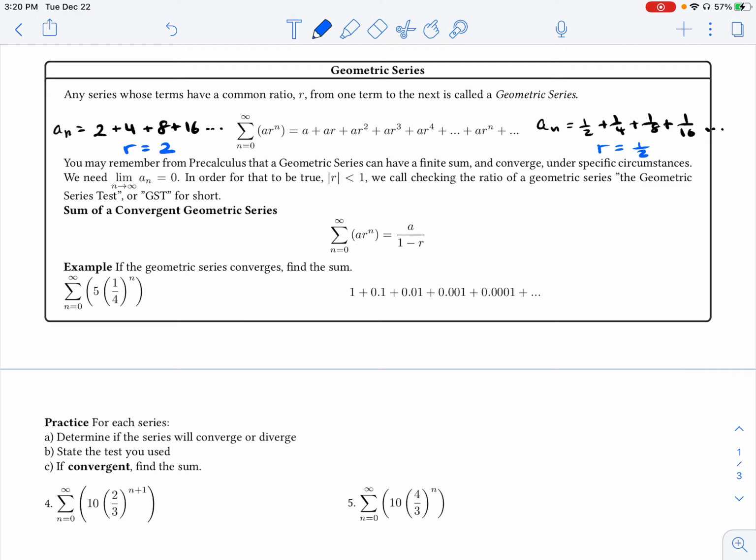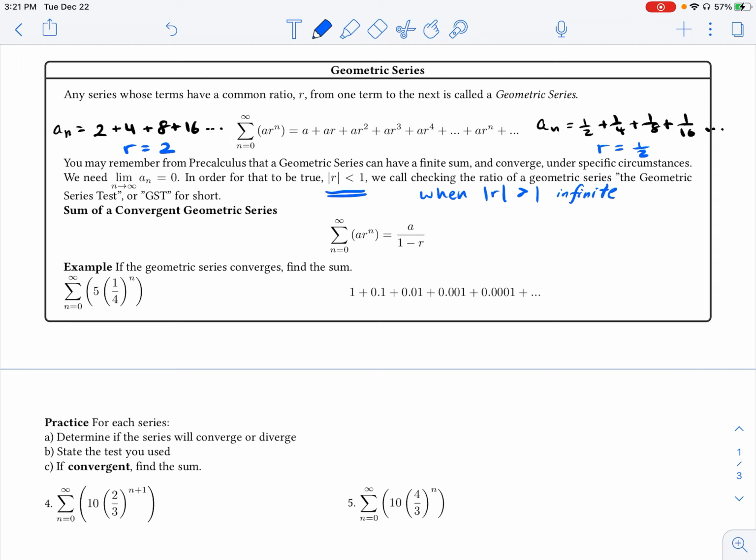And what that did was it allowed us to establish that in order for an infinite geometric series to have a finite sum, the absolute value of our common ratio had to be less than 1. Conversely, when the absolute value of our common ratio was greater than 1, then we had an infinite sum.